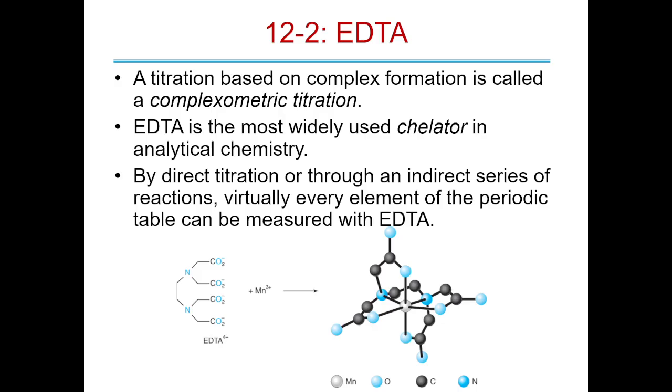These are typically done through a direct titration, but you can do them through an indirect series of reactions. Virtually every element of the periodic table can be measured with EDTA in some way or another, because you can make ions of essentially every element, right?